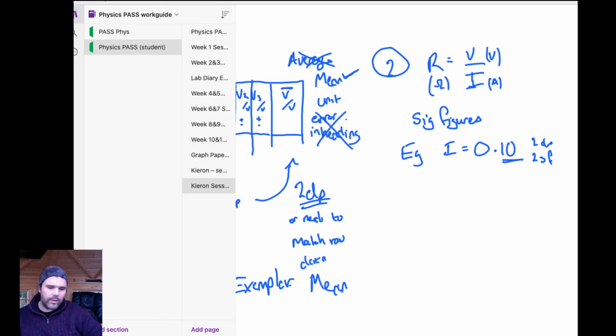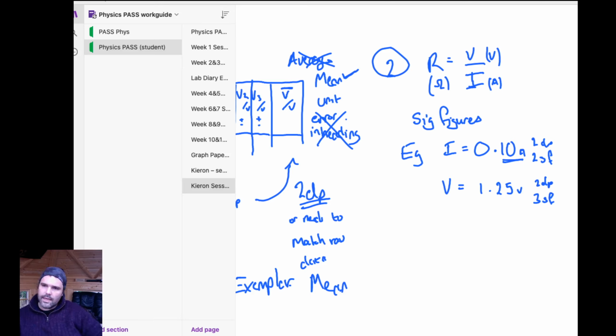If it was 0.11, it would be exactly the same. If it was 1.11, then it would be 3 significant figures. Let's say then that we also got a voltage of 1.25. So current is in amps, and that one should be in volts. This is 2 dPs, but it is 3 significant figures.